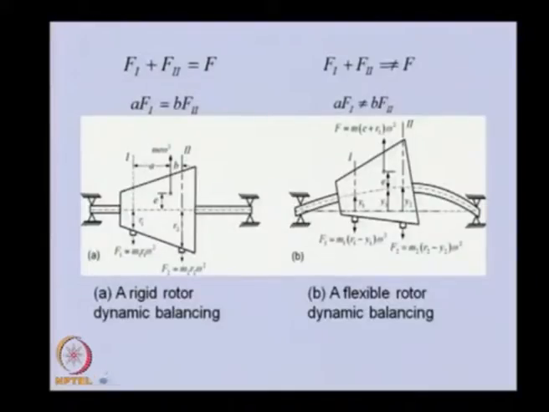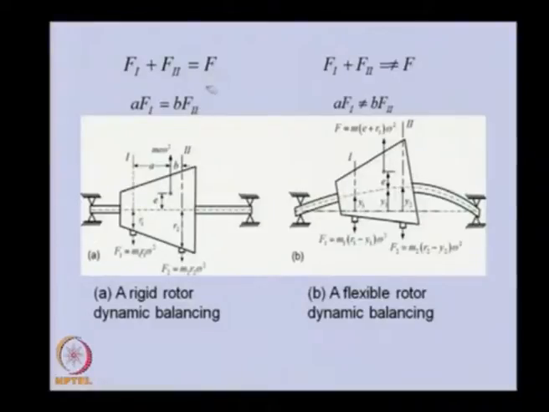With this figure, this is the rigid rotor balancing which we discussed earlier, in which we try to balance the eccentric rotor with two planes. Here F is the unbalanced force, and at F1 and F2 we are putting the correction masses. These centrifugal force conditions we need to satisfy to balance the rigid rotor, and not only these but also the moments.